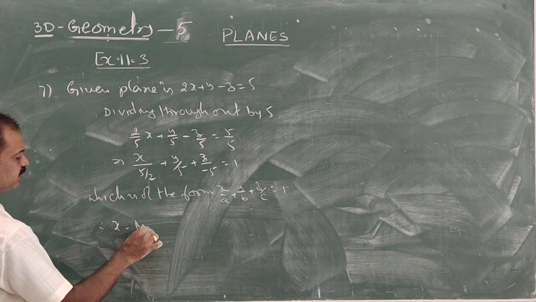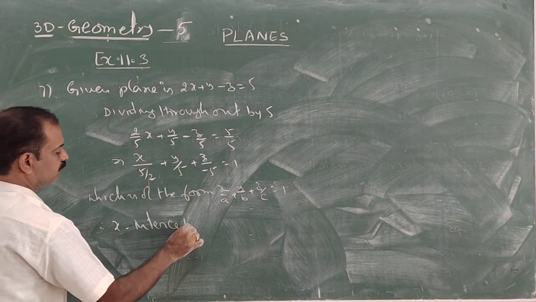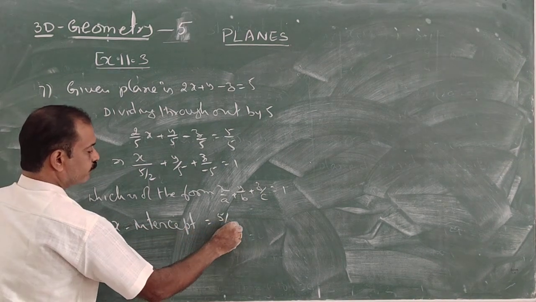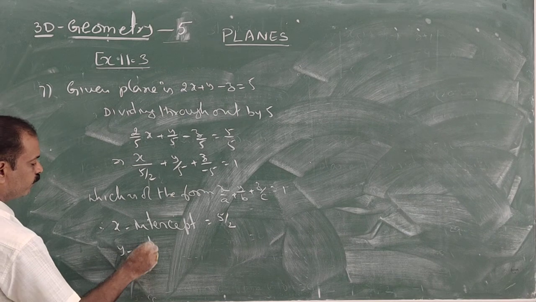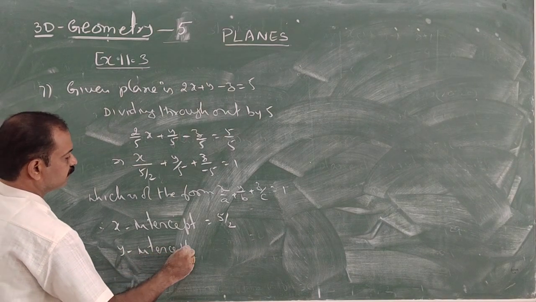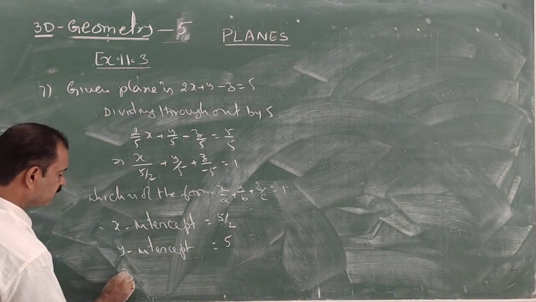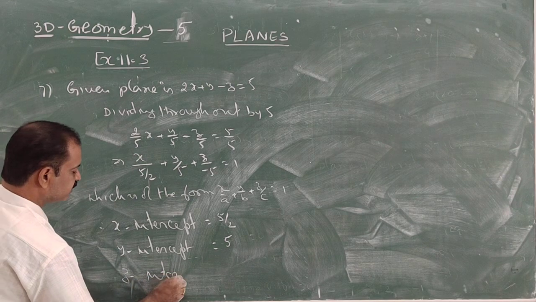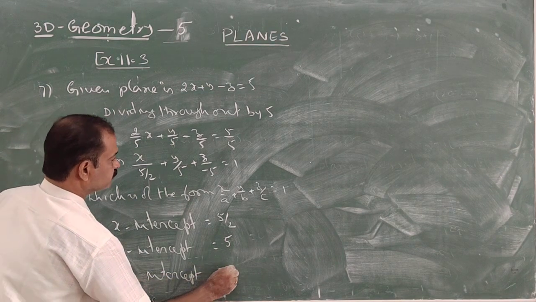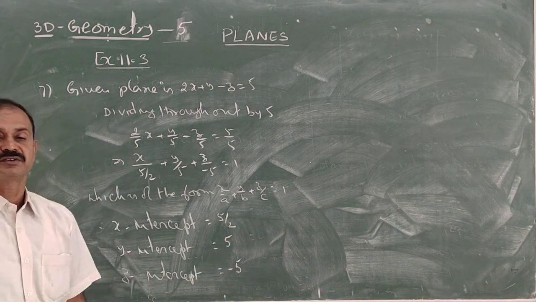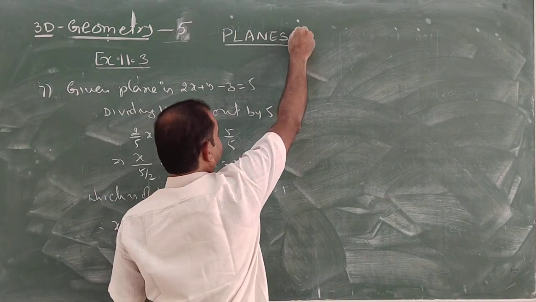Therefore, x-intercept is 5 by 2, y-intercept is 5 and z-intercept is minus 5. Next.